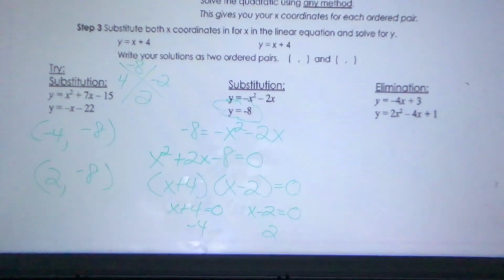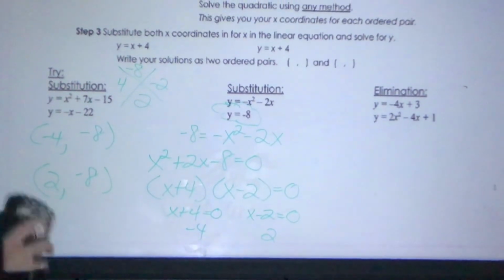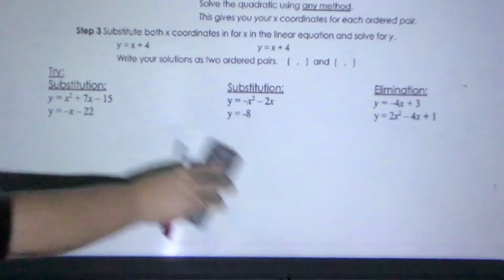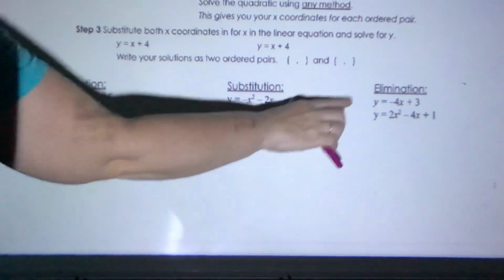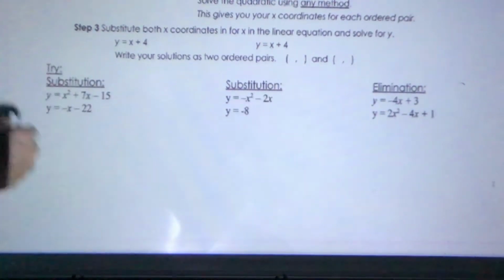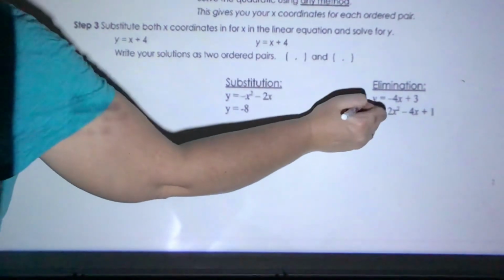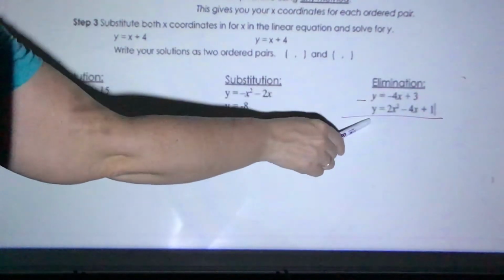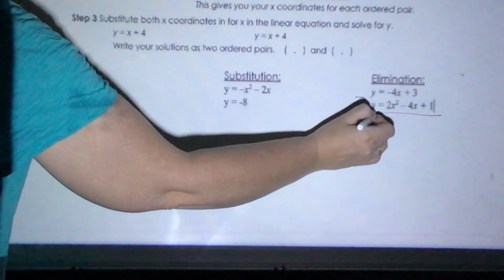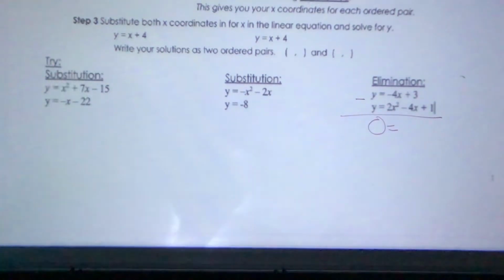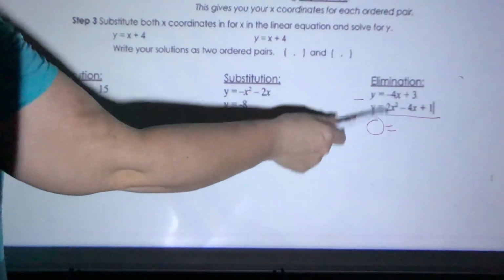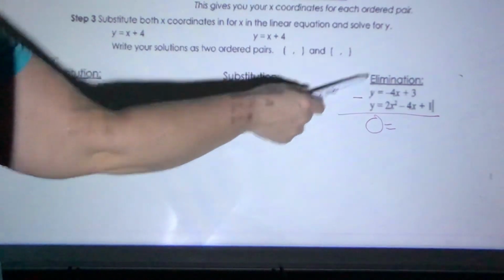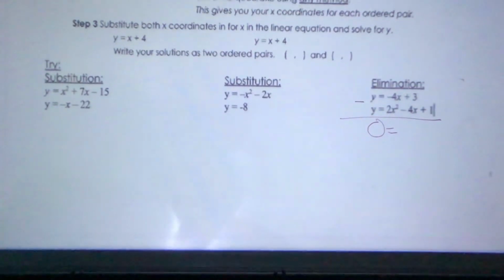Now for the last one, I'm going to show you how you could use elimination if you prefer that method. So to use elimination, the equations are already set up nicely because you have the y's that you can get rid of. So if I subtract these two equations, my y's will get eliminated and I would get 0. Now here's the tricky part. When it comes to subtracting, you need to subtract x squareds from x squareds and x's from x's.